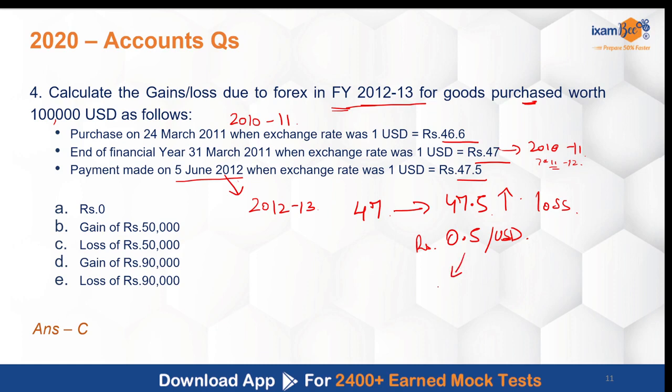And we had made a payment on 1 lakh USD, so we will multiply this with 1 lakh, which will give us a loss of 50,000. So the answer is a 50,000 loss, not a gain. Because an increase is actually known as a depreciation of the currency, which makes our payment higher. But if I was exporting, if I was selling, then it would have been a gain for me.